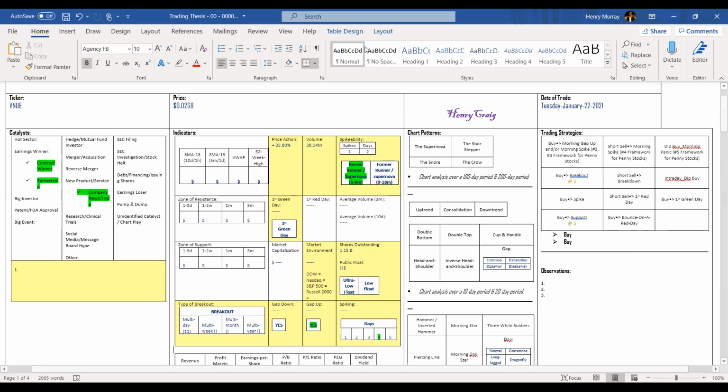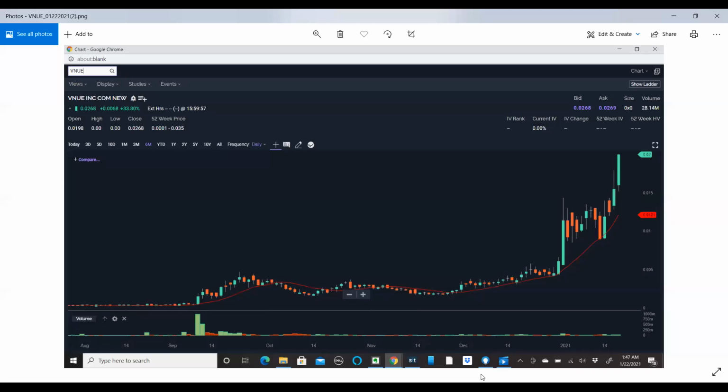Let's briefly take a look at the chart one more time. For VNUE, remember we identified that it initially spiked back in September, ran for several days, then consolidated for several months, and then it's spiking again, forming a second stair.